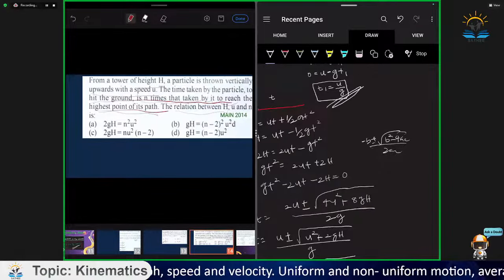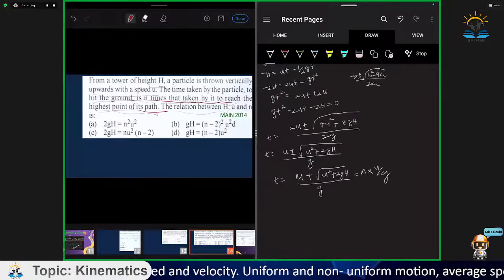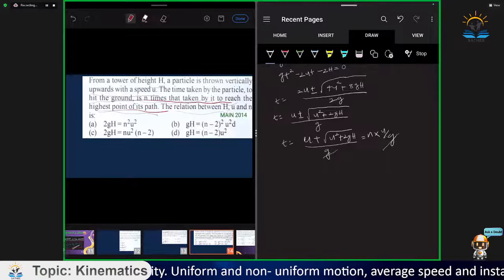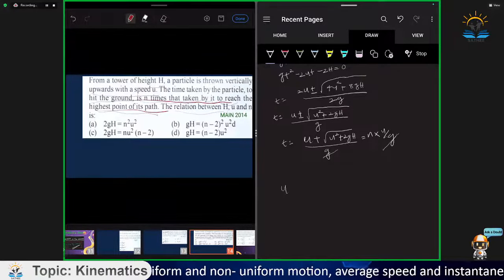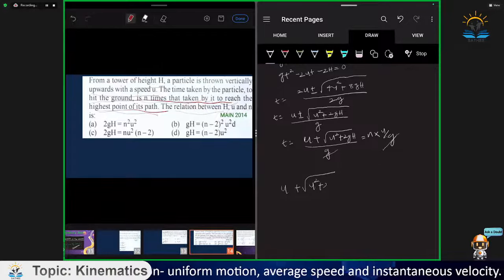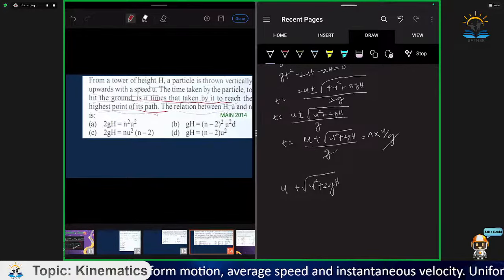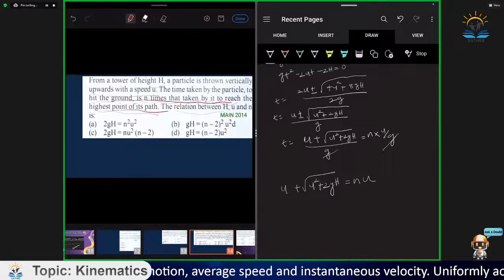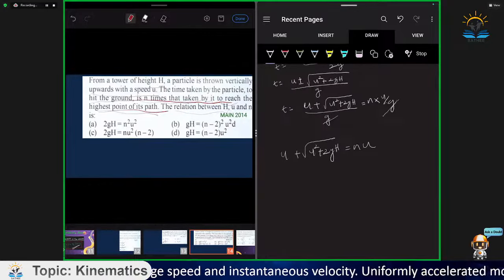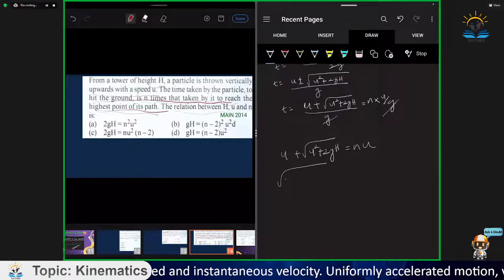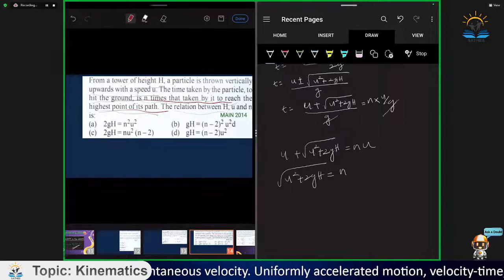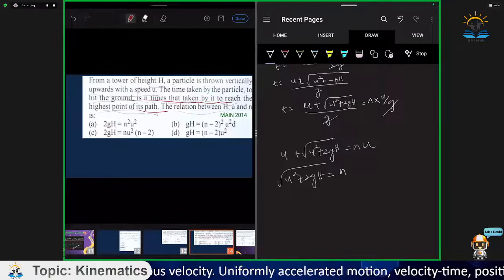Here we can cancel g, and the equation will be u plus root of u square plus 2gh equal to nu. We can take u to the right hand side. So root of u square plus 2gh equal to nu minus u, which is n minus 1 into u.